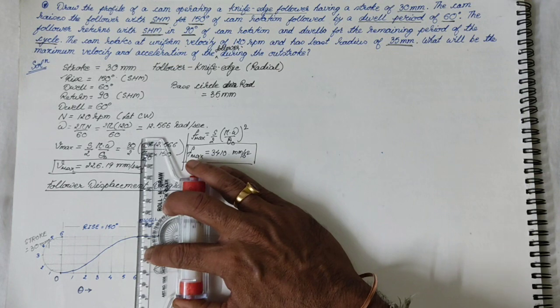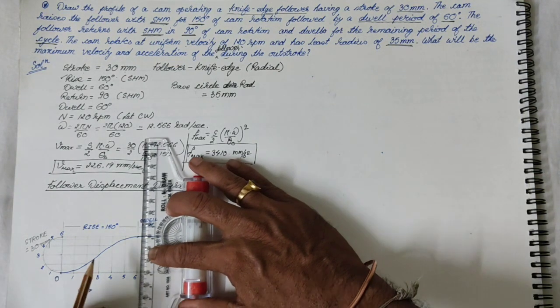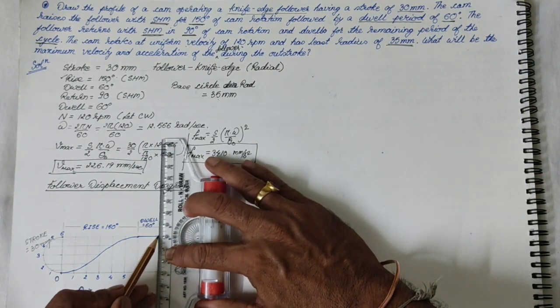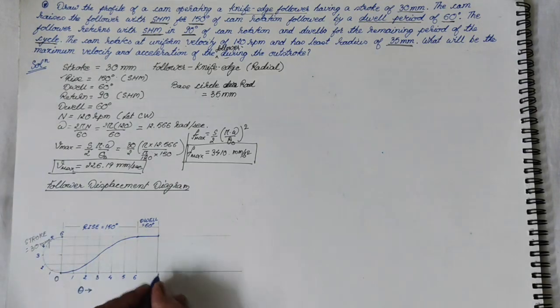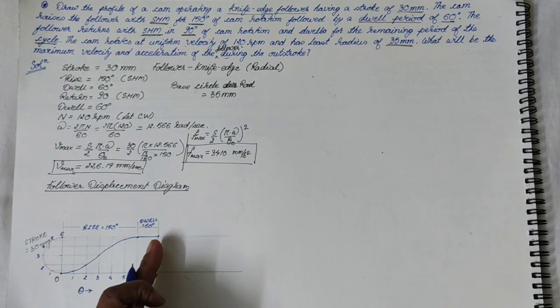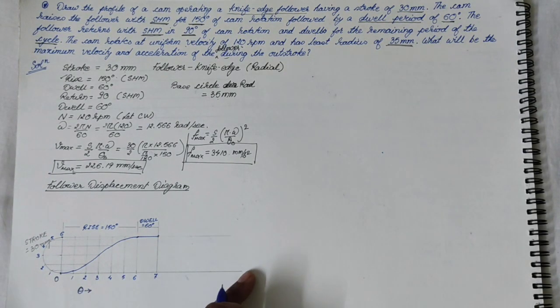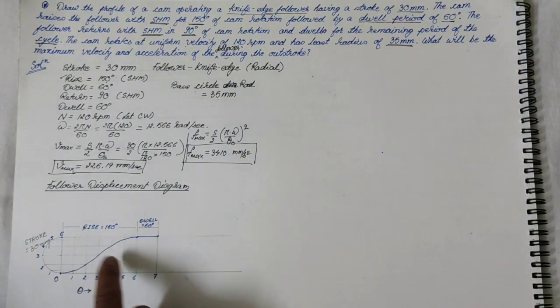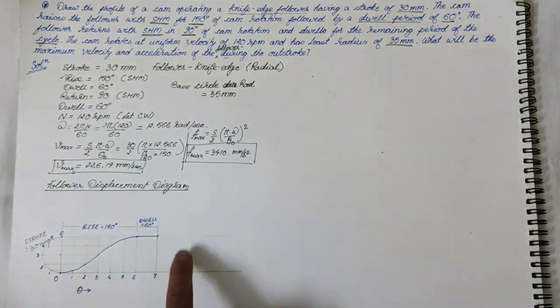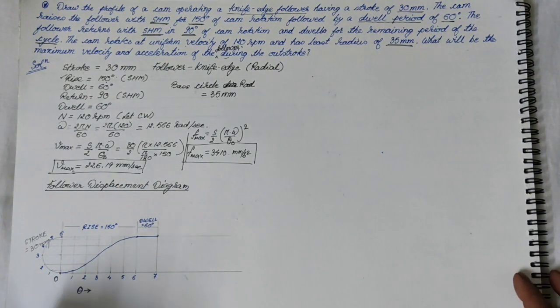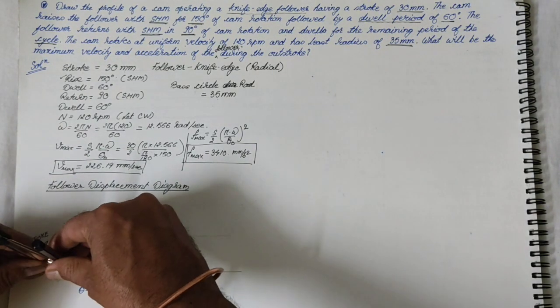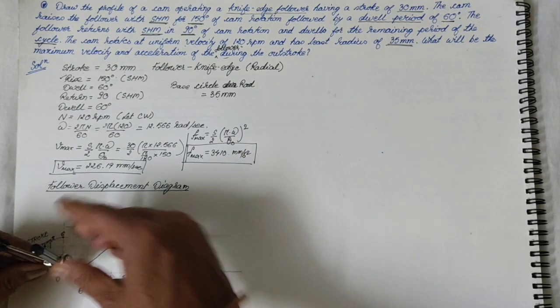So from 6, this is the 7th point, so I mark this point as 7. Then from 7 onwards the follower is going to drop. If the return is also specified as SHM, I again go for the same circle, so I can take help of the same circle to describe the fall or the return.